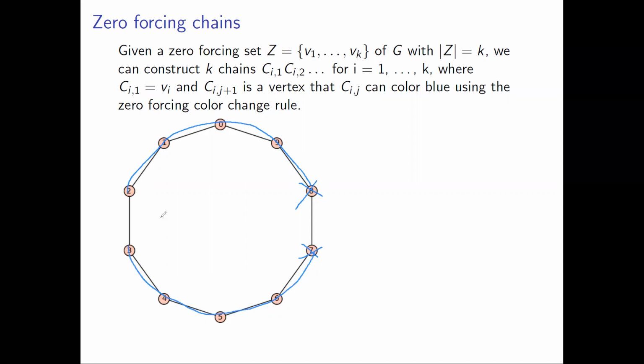But note that there's often multiple ways for us to choose the zero forcing chains if we don't assume that the forcing is happening in parallel. So, for example, the one we just drew here, we could have drawn something like this.